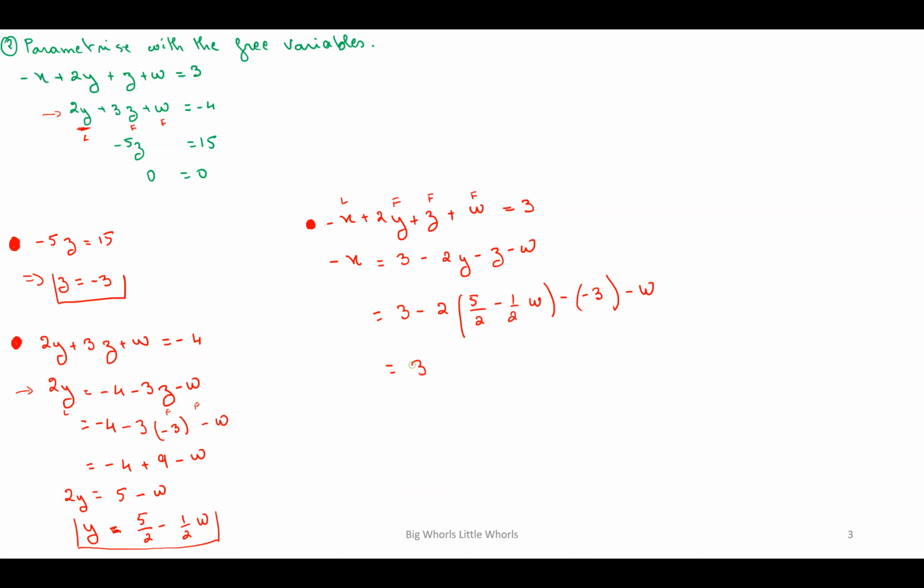So that is 3 minus 5, the 2 and 2 cancel, plus w, plus 3 minus w. Here we have 6 minus 5, which is 1, and w minus w, which is 0. So we have minus x equal to that, which means x is equal to minus 1.